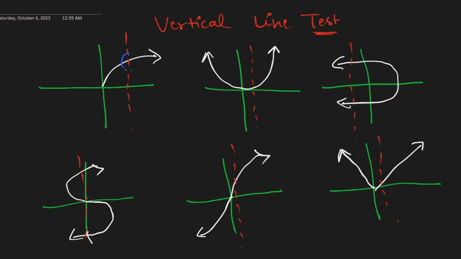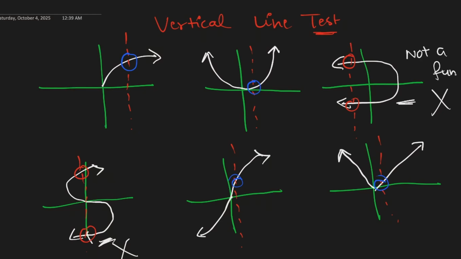As you can see in the first two examples, the line only intersects the graph once, but in the third example, it cuts through the graph twice. That we cannot have. So number 3 and number 4 are not functions because the line intersects the graph twice. A line can only intersect the graph once if that graph is of a function. If it does that twice, then no, it's not the graph of a function.